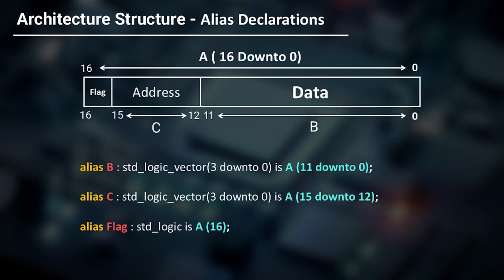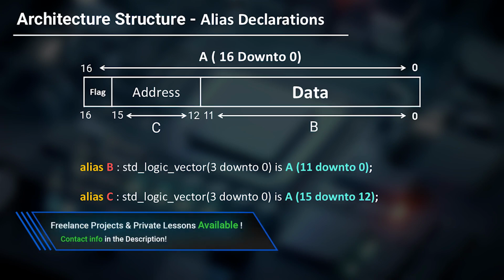In the declarative part, you can use aliases too. You use aliases to separate your large data into several pieces to use them separately in different operations. In this example, a 7-bit data is defined as A and its first 12 bits are defined as data, the next 4 bits represent the address, and its last bit is used as a flag.